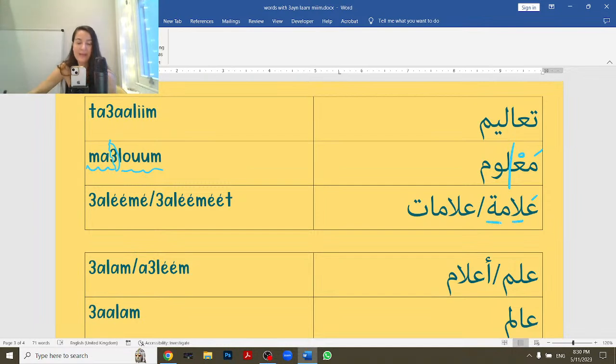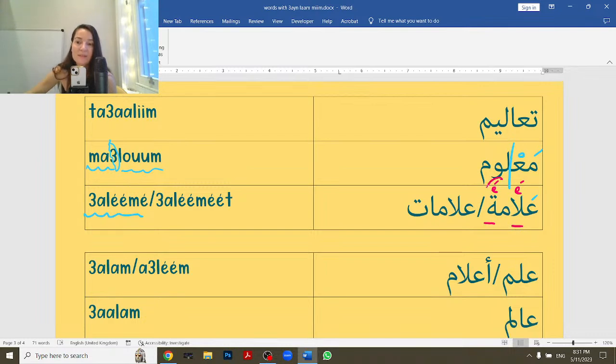Okay, the next word is علامة. علامة can mean two things. It can mean sign, or it can mean a grade, like a grade after you do a math test. So notice how again the lam alif here, I'm pronouncing it as an e. The e sound is very unique to Levantine Arabic, specifically Lebanese and parts of Syria as well.